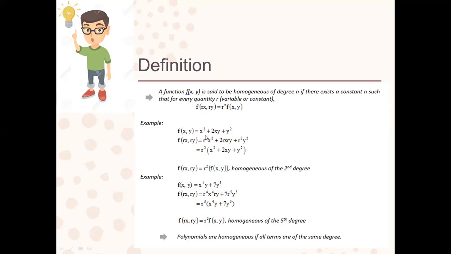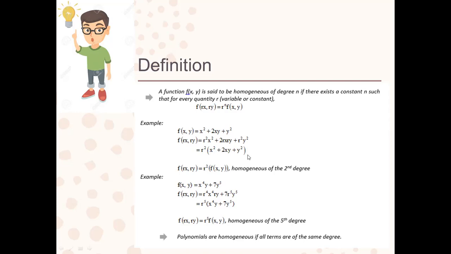Why? Because your original function x squared plus 2xy plus y squared is still the same. So the identity is still preserved, and you have factored out r squared in the process. Now, if you have factored out a common exponent of r and the original function is not preserved, let's say here you have x squared plus 2xy plus y squared, and after factoring out r squared you still have an r in the middle term, then we say that this function is non-homogeneous.